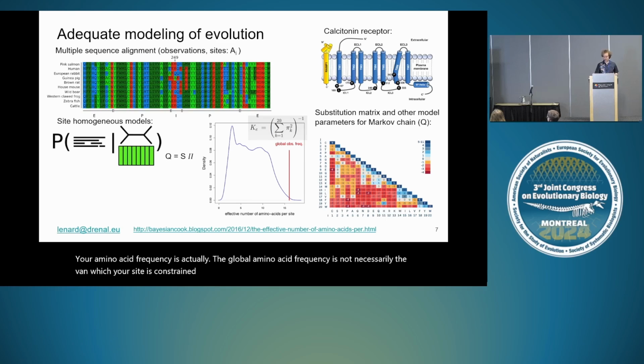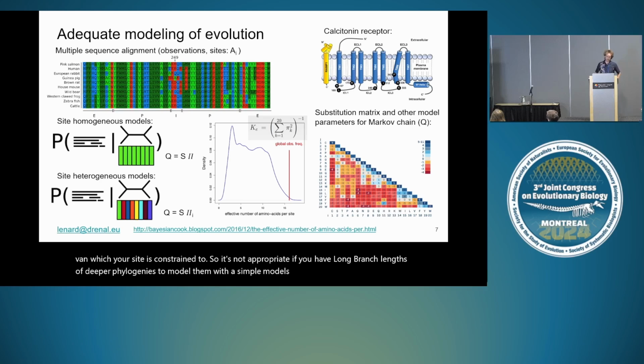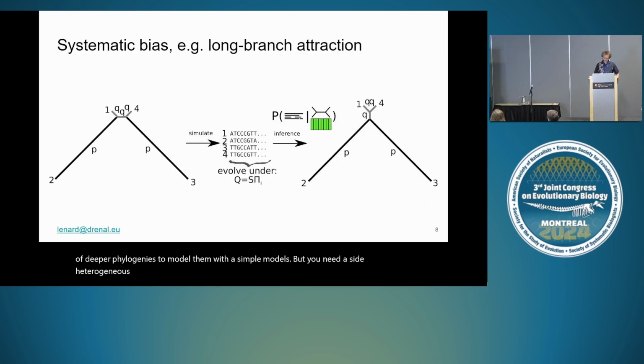So it's not appropriate, if you have long branch lengths, so deeper phylogenies, to model them with simple models, but you need a site heterogeneous model. Otherwise, you will run into systematic biases, for example, long branch attraction.